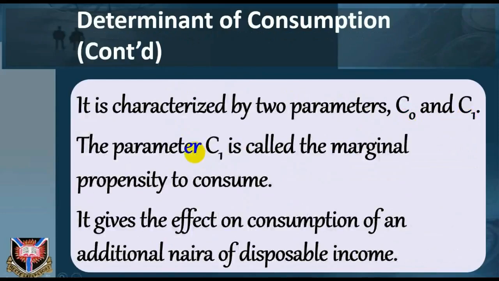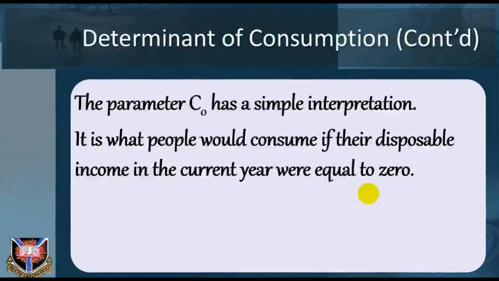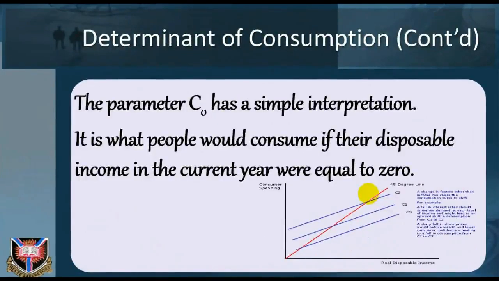The parameter C1 is called the marginal propensity to consume. It gives the effect on consumption of an additional naira of disposable income. If C1 is equal to 0.7, then an additional naira of disposable income increases consumption by 1 naira times 0.7, which gives us 70 kobo.